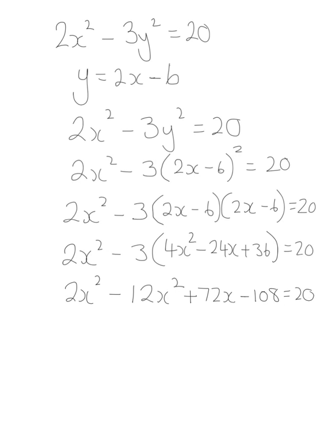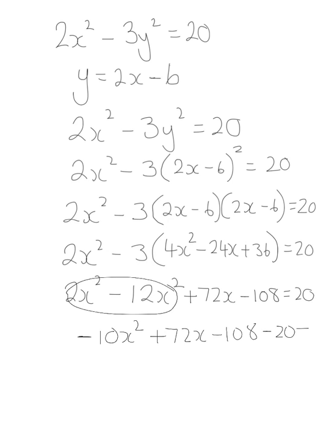And you see how you have to be very, very careful with that negative term and the multiplying out. So finally, simplifying. Now when we simplify, we end up here with minus 10x squared plus 72x minus 108, and then take away 20 because we're going to bring it over to the left.